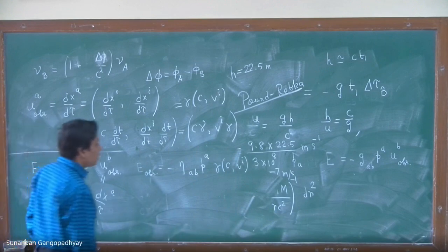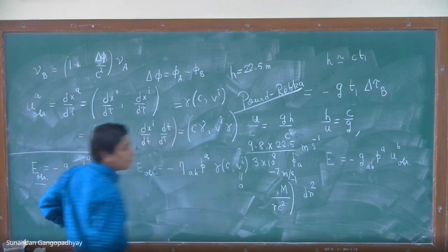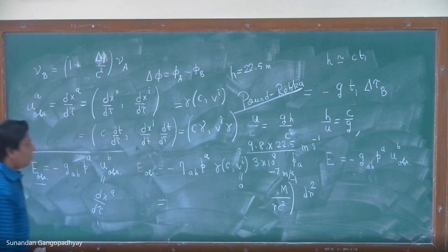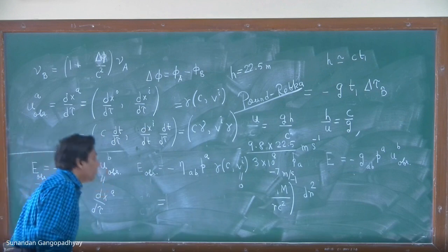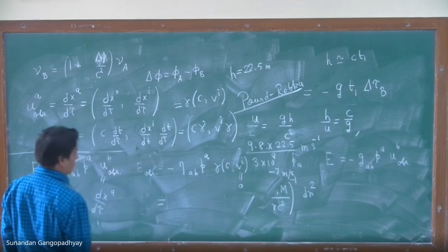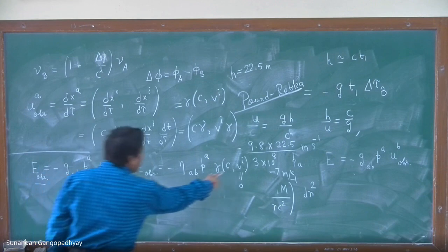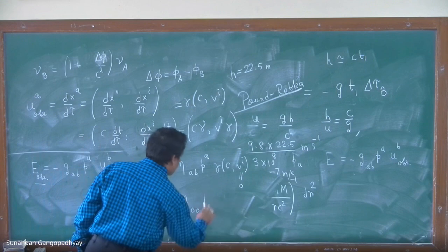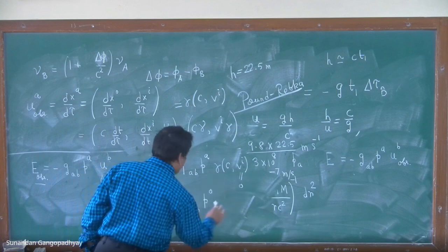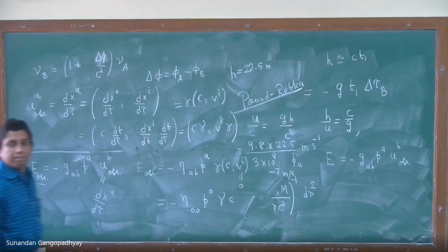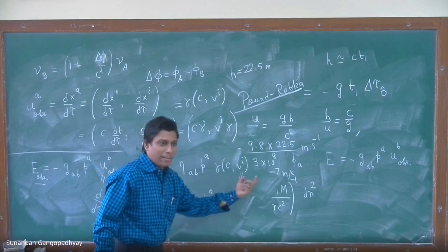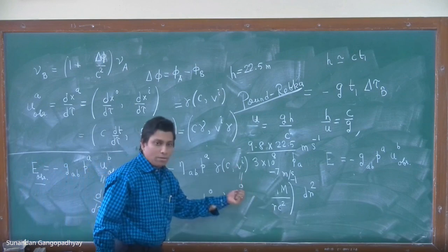Now I will assume that this observer is at rest. Therefore it has only the 0 component, so the spatial components are 0.